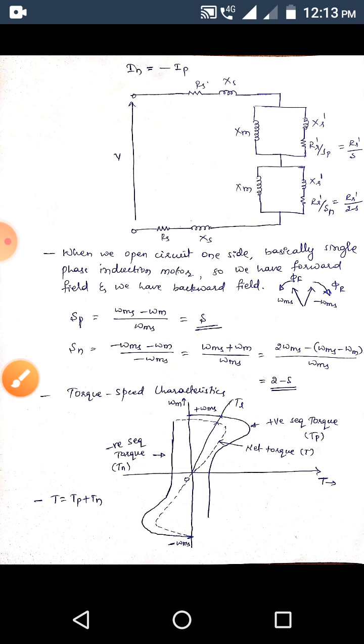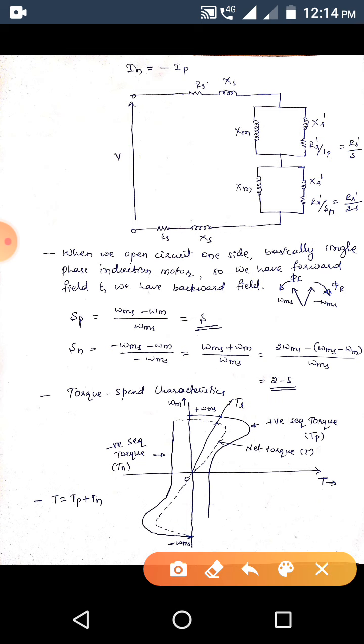So what happens when we keep open circuit one end of the winding? Basically the single phase induction motor will operate here. We have the forward field and we have the backward field also. For example, let us consider the single phase induction motor.